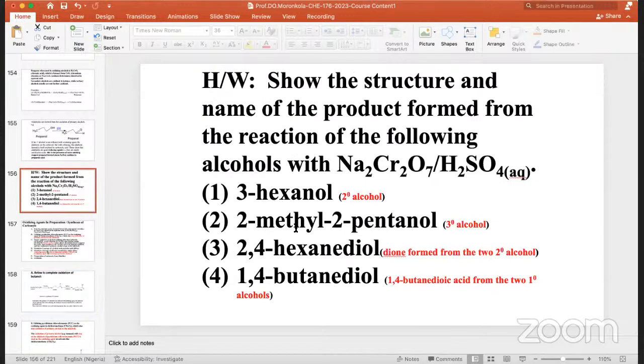We ended up giving this homework as an assignment yesterday, that you should try and show the products that will be obtained when you have the chromium compound, that's sodium chromate in tetraoxosulfate(VI) dilute acid, reacting with each of these compounds. And like I highlighted before we left, we should endeavor to recognize what type of alcohol we are working with. It is very straightforward once you know the type of alcohol.